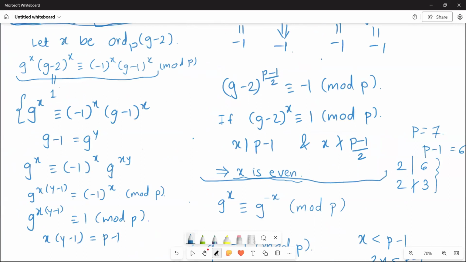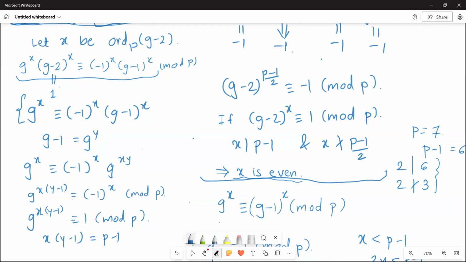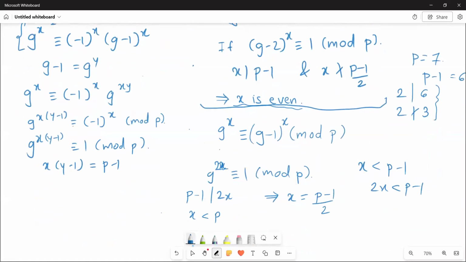I think we got g to the 2x is congruent to 1 mod p as x is even, so g to the x is congruent to g minus 1 to the x mod p, and g minus 1 is just the inverse of g. Oh, yeah. Very good.